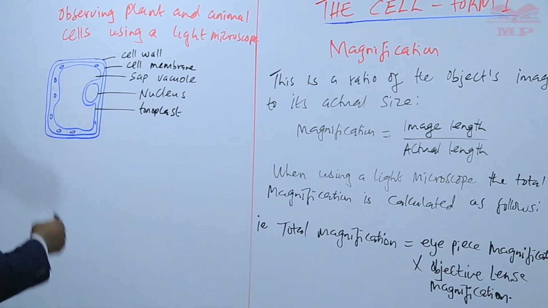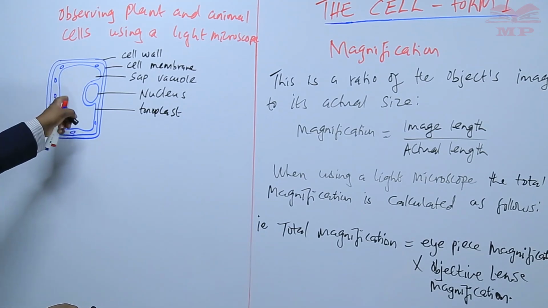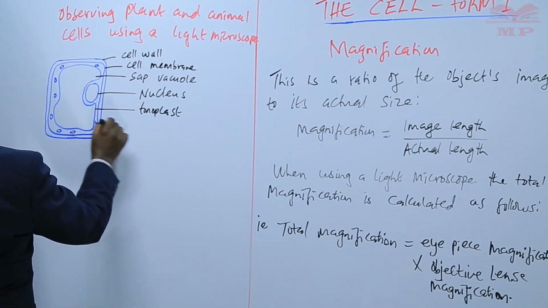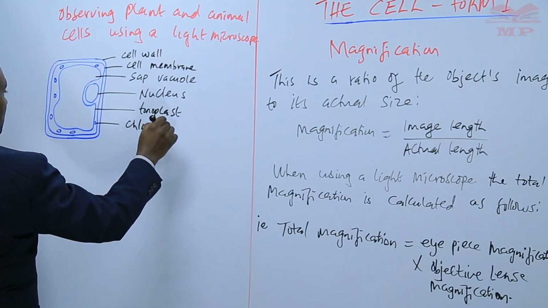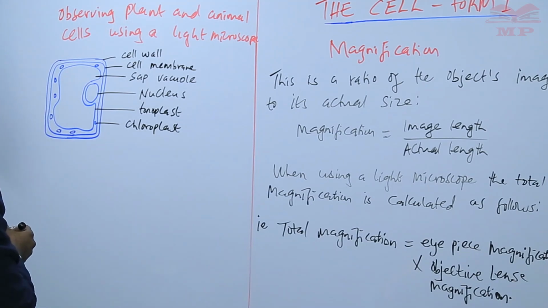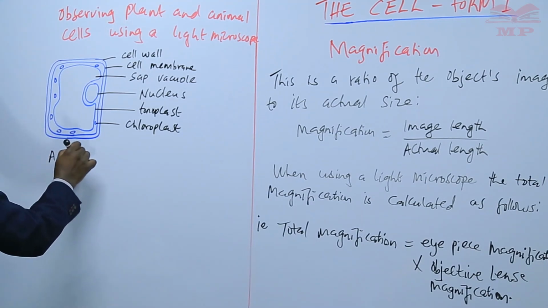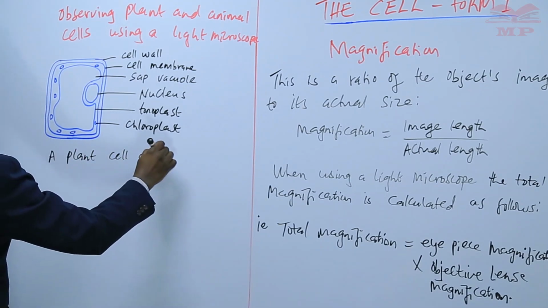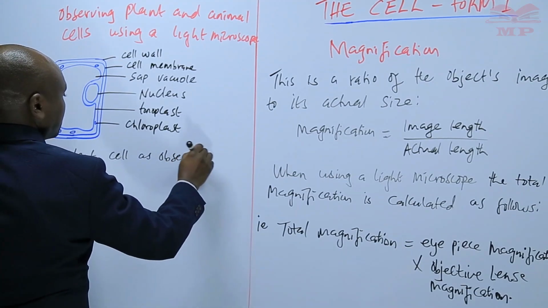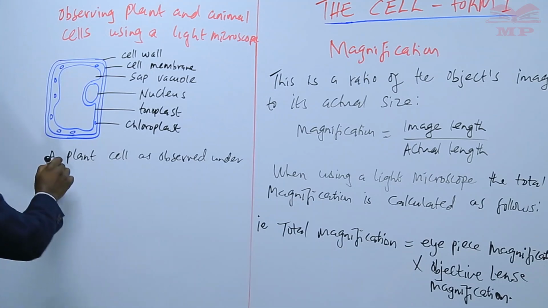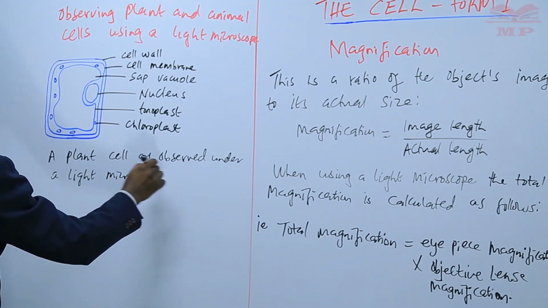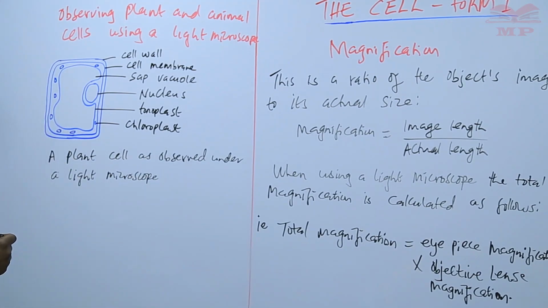The sap vacuole is the space inside, but its membrane is the tonoplast. You'll also observe chloroplasts. There are several there. So this is a plant cell as observed under a light microscope. So those are the details that you see.